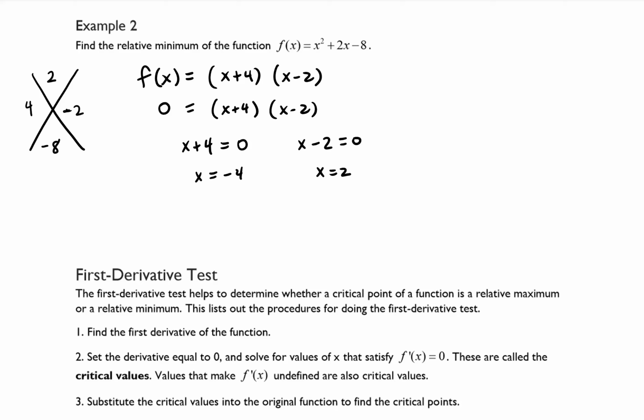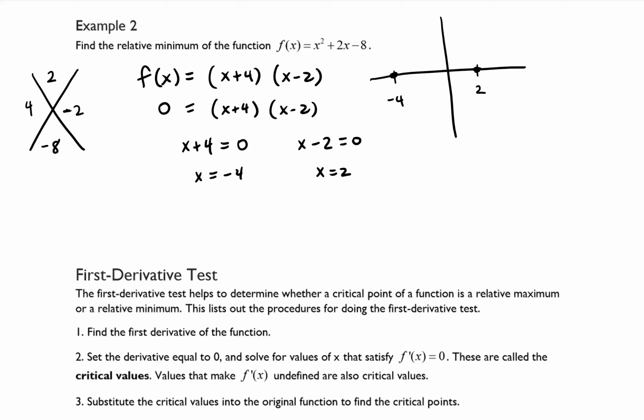Now, if we thought about the graph of that, this is a rough sketch, but here's negative 4 and here's 2. And so the graph of our function would go through these 2 points. And because parabolas are symmetric, the x-coordinate of the vertex is going to be exactly halfway between negative 4 and 2.